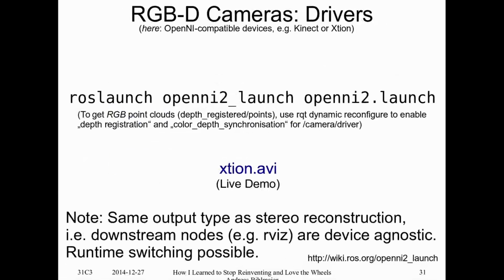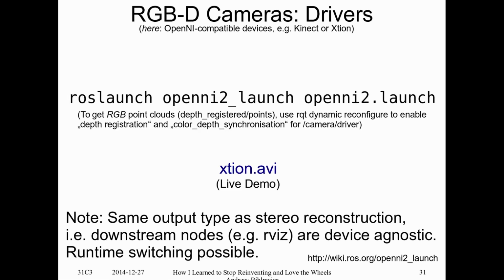Okay, and the nice thing about it is if you have a stereo camera pair and a Kinect on your robot, which is a quite common setup, they output the same kind of data format, so you can switch between your Kinect style device and your stereo camera pair, and this is highly valuable because Kinects are much better at reconstructing what is in the range of like 0.5 meter to 4 meters, even in the dark.